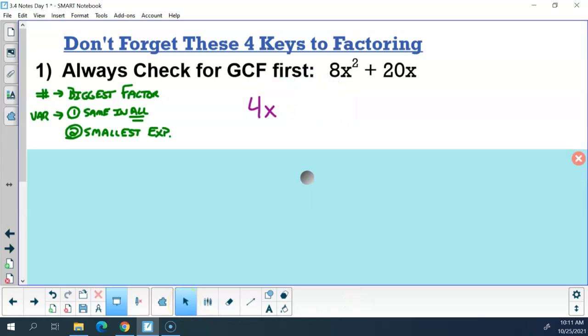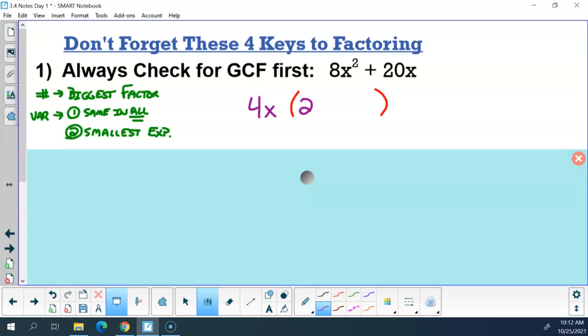Okay. Then that leaves over something. And now you ask yourself, what times 4 gets me 8? 2. Okay? So then this one is going to be 2. What times x gets me x squared?